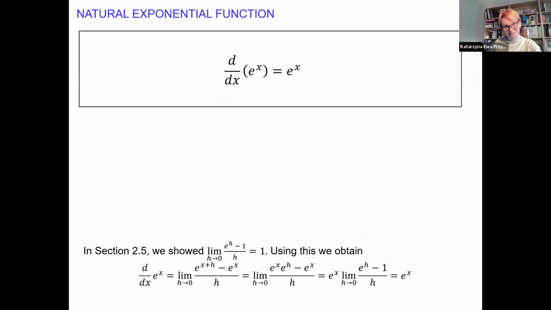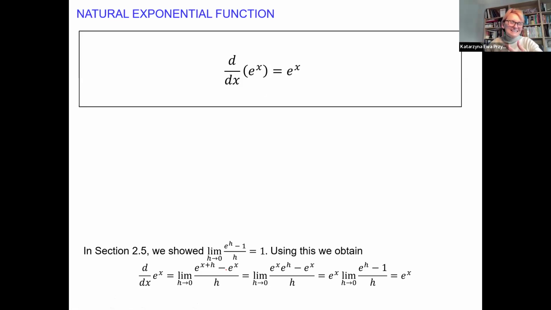And for this formula, I will not really prove it. It's a limit, a little bit crazy, because I think we had this limit in chapter 2. The good thing is the derivative of the natural exponential function e to the x is just the same function.